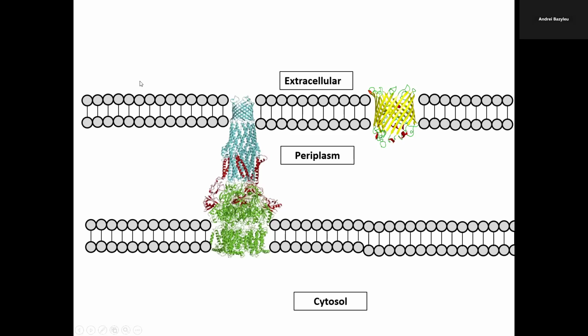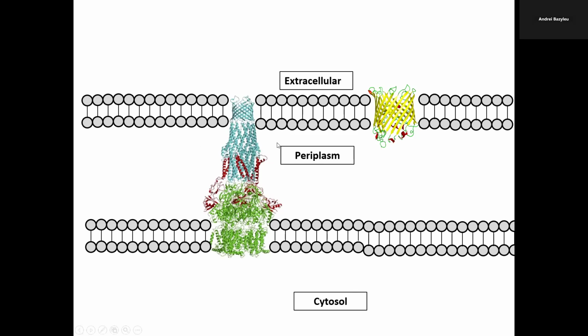So this is your schematic for a gram-negative cell. You have your 2 layers of the phospholipid bilayer, outer one, inner one. You have your extracellular space here outside. You have your periplasm, and then you have your cytosol. The cytosol is where all the organelles are. This is where your ribosomes, your DNA, bacterial, obviously, elements are.